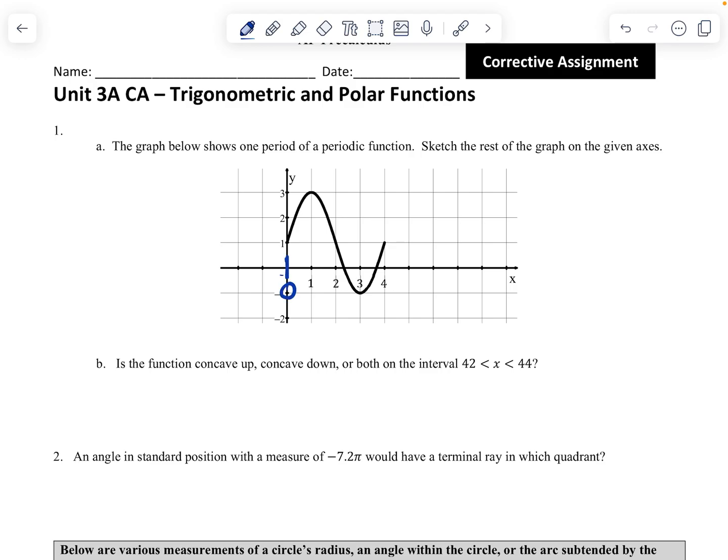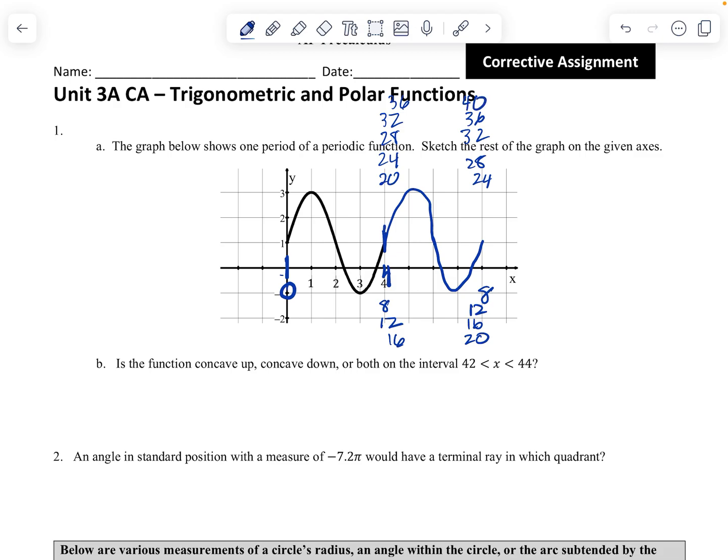Well, this goes from 0 to 4, so that means if this continues, our next one would go 4 to 8, then 8 to 12, 12 to 16, 16 to 20, 20 to 24, 24 to 28, 28 to 32, 32 to 36, 36 to 40.